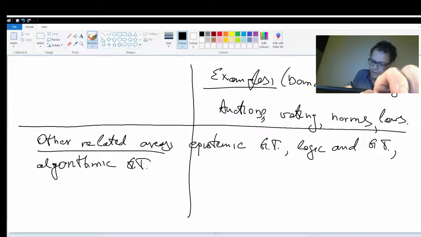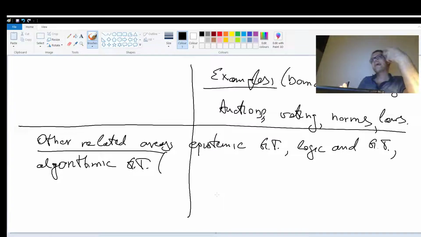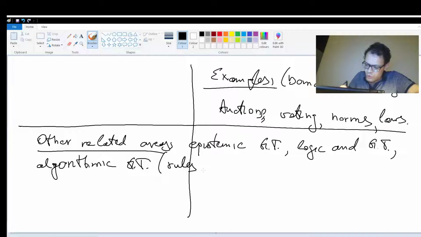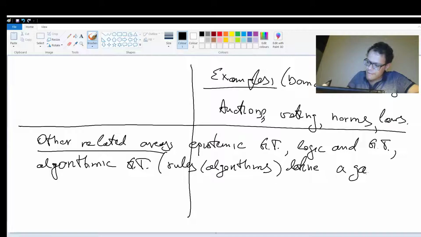Now algorithmic game theory has at least two ways to look at it. So first of all, if you have a certain behavior, a certain rule by which robots behave, this defines the game. So rules, algorithms, define a game.